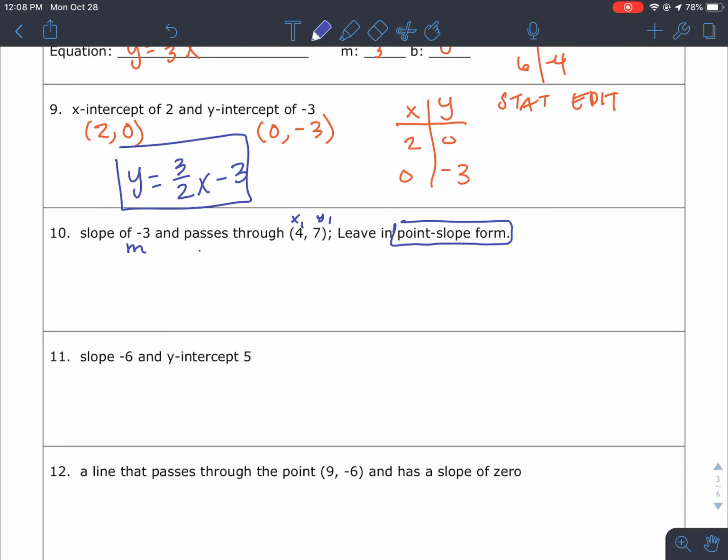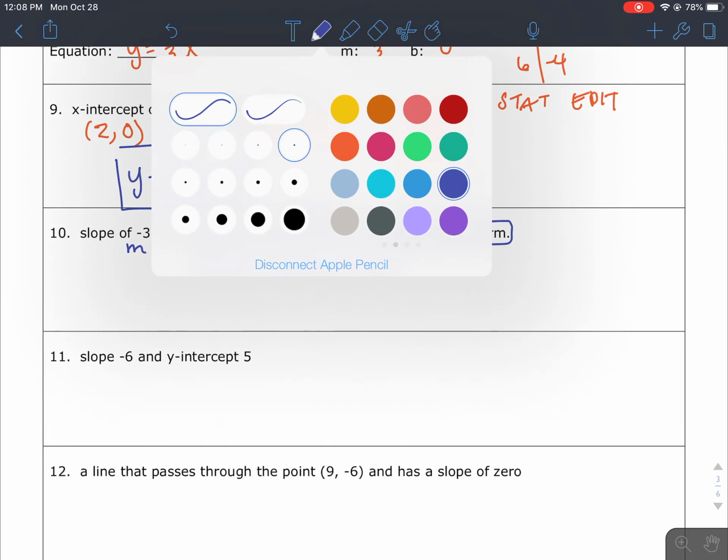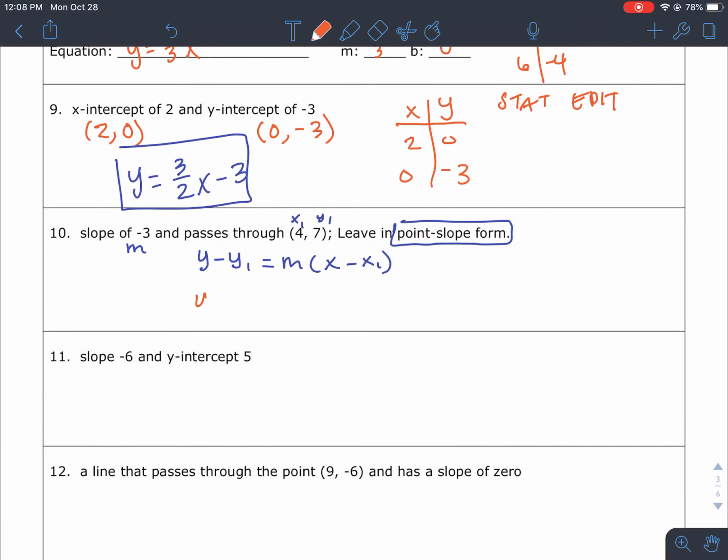So point slope form is y minus y1 equals my slope times x minus x1. So I'm just going to plug it in. Okay, y minus y1, which is 7, equals my slope, so -3 times x minus x1, so 4. So y minus 7 equals -3 times x minus 4. And again, that is point slope form.